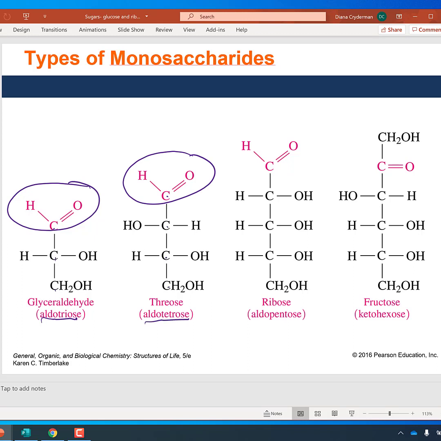So an aldotetrose. Another aldehyde with 1, 2, 3, 4, 5 carbons present, an aldopentose. Here we've got a ketone with 1, 2, 3, 4, 5, 6 carbons present. So a keto, because of that ketone, hexose.